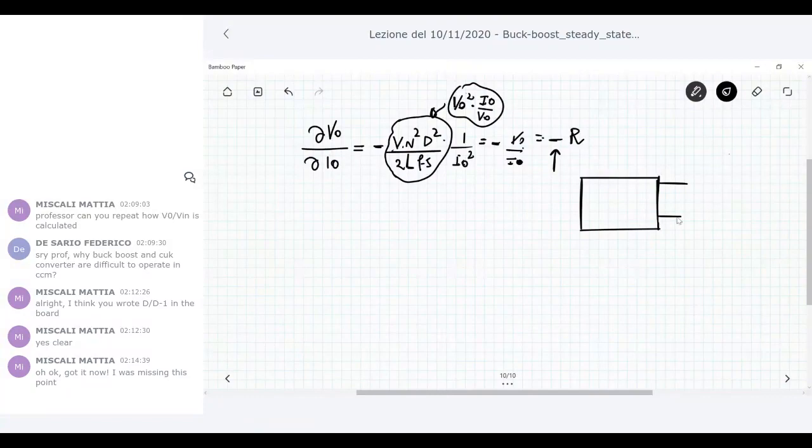What does it mean computing the output resistance of a system? Suppose that in this box you have a circuit whose output resistance you want to know, looking at these two terminals here.